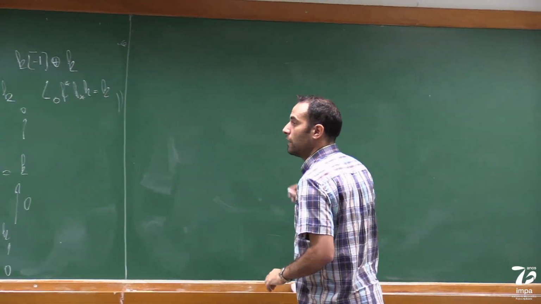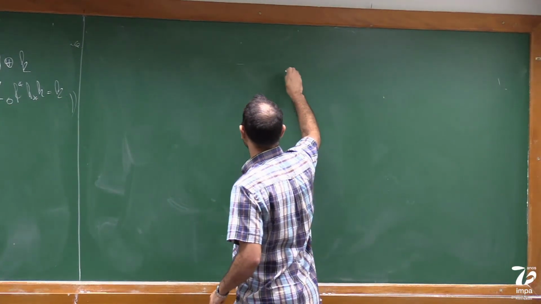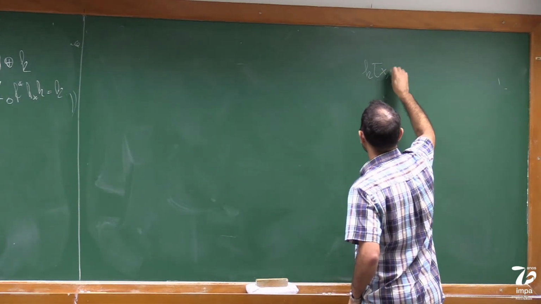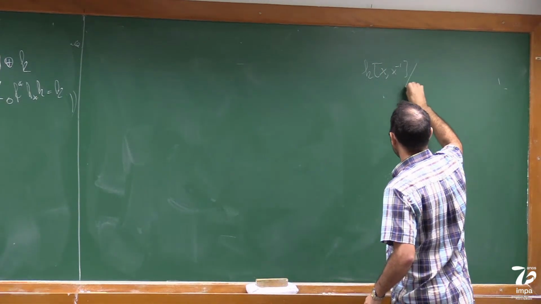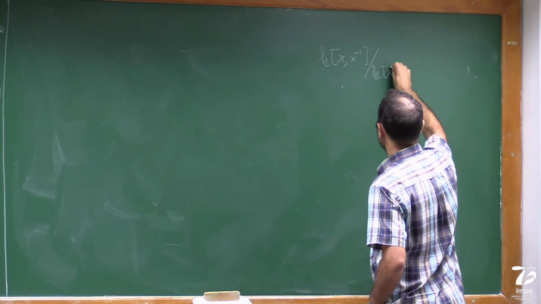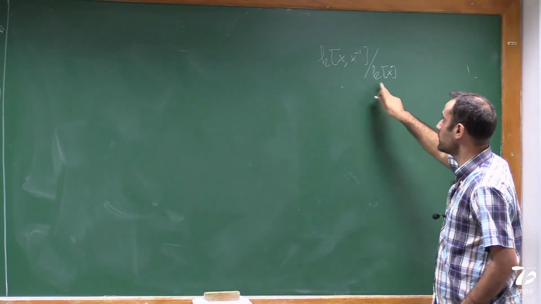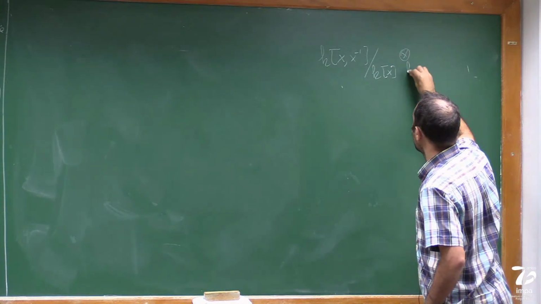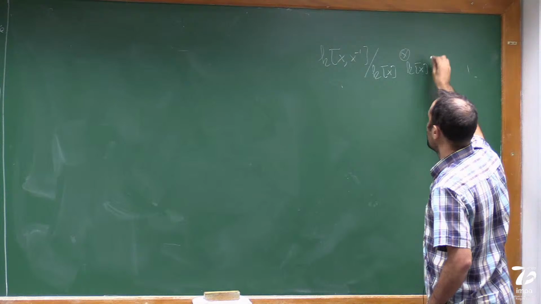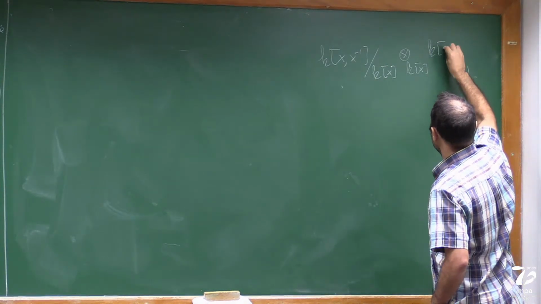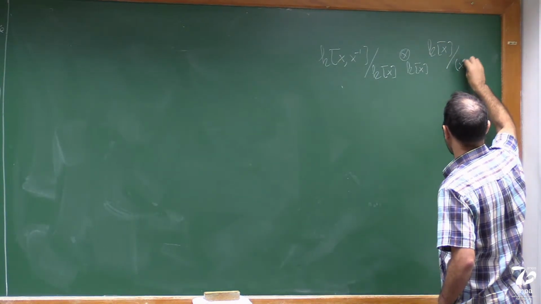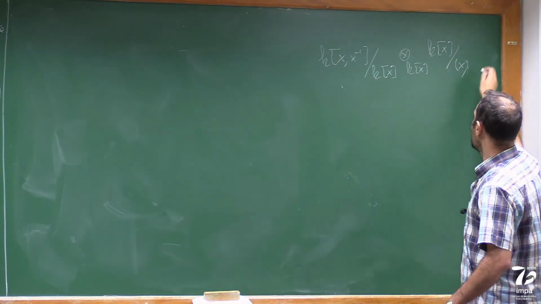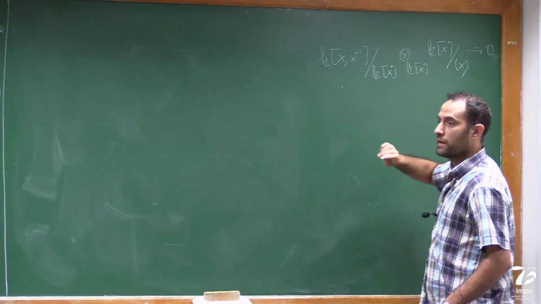Let's take that sequence. I have k of x, x inverse, divided by regular guys. So this is a k of x module. The multiplication is here in k of x. And I'm going to tensor this over k of x with k where x is 0. Okay? So this is right exact.